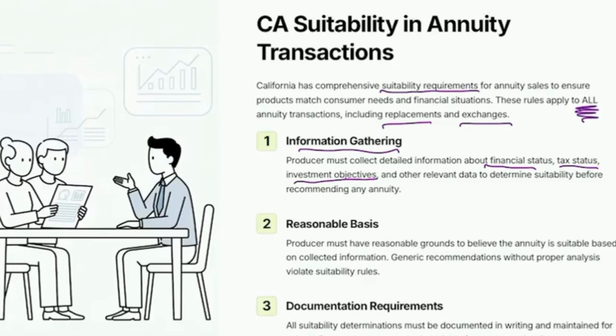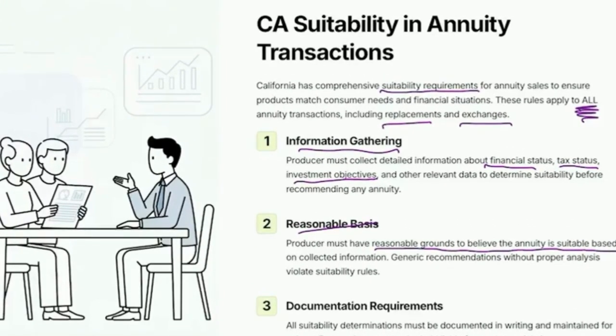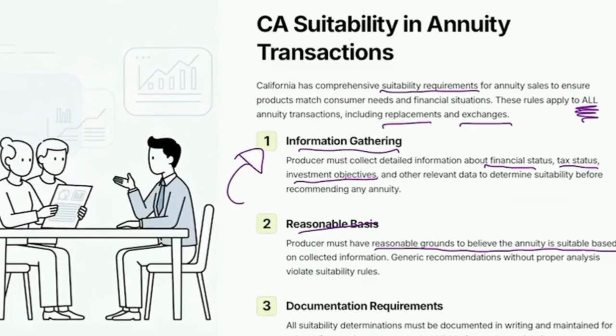You need to be able, at any point, if somebody said, why did you recommend this policy? Be able to explain why you did, right? And that's going to come from that information that you gathered and putting them in the best policy. If a customer says, we want to put this money in an annuity, but our son goes to college in 2 years and we're going to need it then, and the policy you want to put him in has a very high early withdrawal penalty for the first 7 years, that's not going to make sense for them.